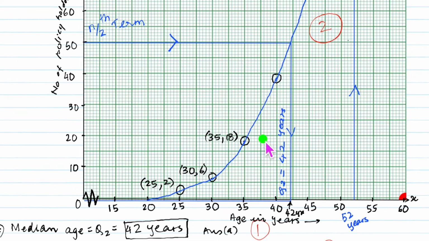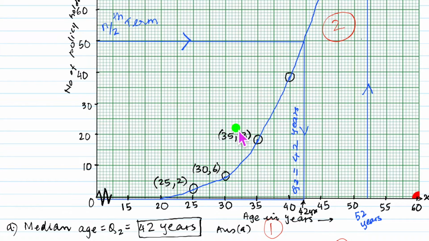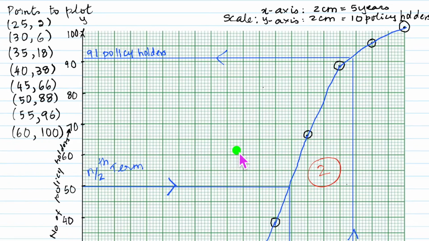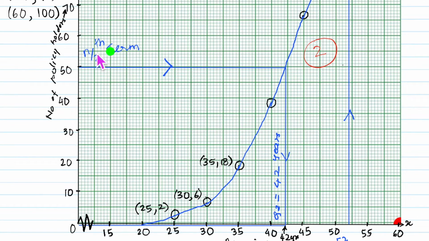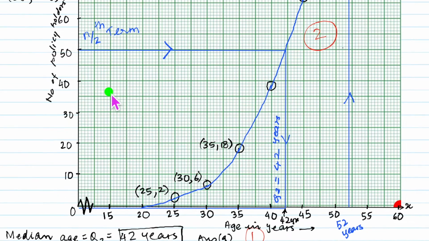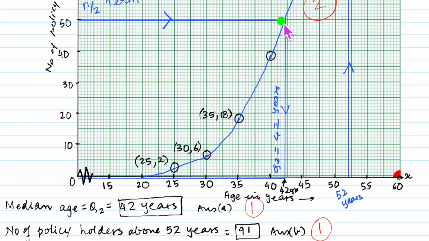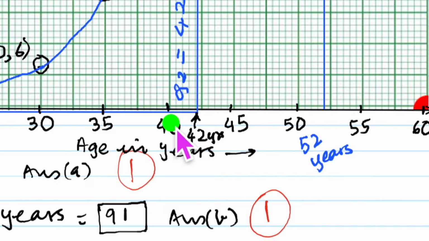Our A part asks us to find the median age. Now, median age, total is how much? 100 policy holders. So it will be the n upon 2th term. We write here that is 50, and then from 50 we'll show the line going to the right where it touches the ogive. You come down and then you will see between 40 and 45 there are 10 divisions.